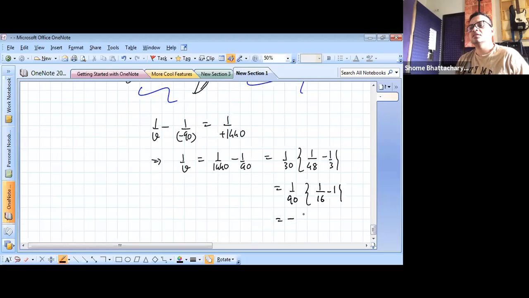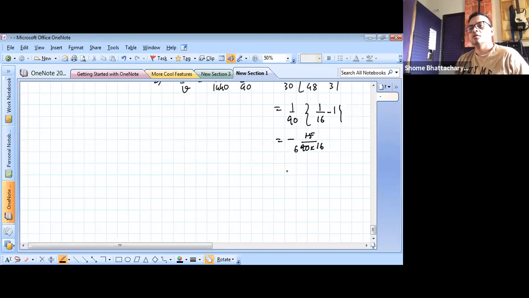This comes out to be minus 15 upon 90 into 16, which will become minus 1 by 96, so V is equal to minus 96.